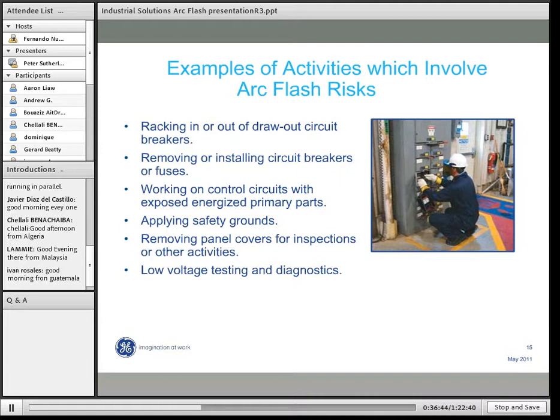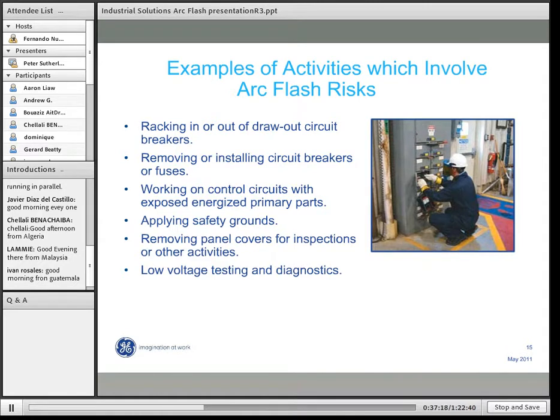Applying safety grounds is, of course, critical in making an electrically safe work area so that you are not exposed to arc flash hazards, but while the grounds are being attached, even though you have de-energized the circuit and you have checked for zero voltage, you have to assume when you're putting the grounds on that the circuit could be live.